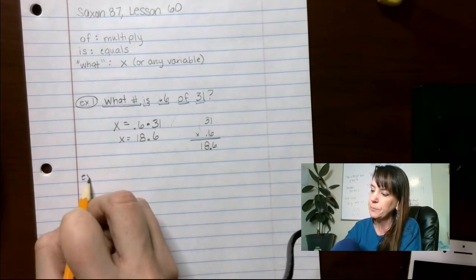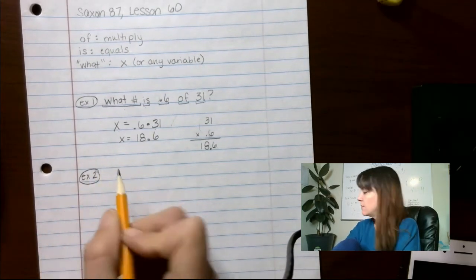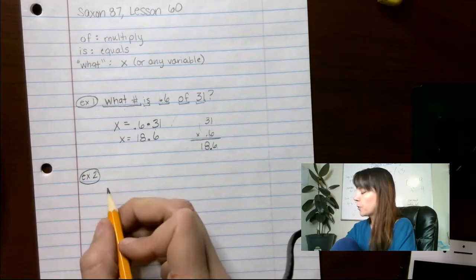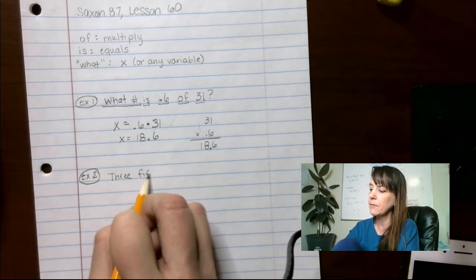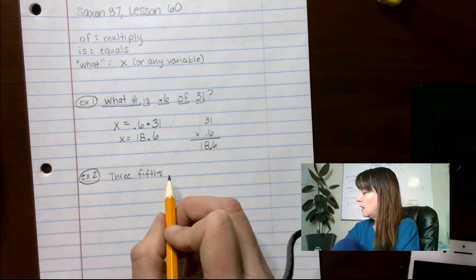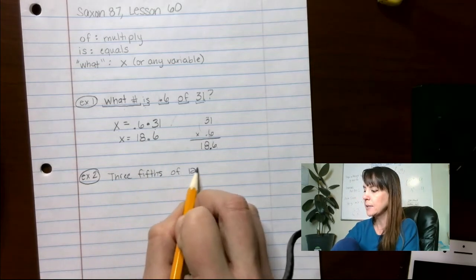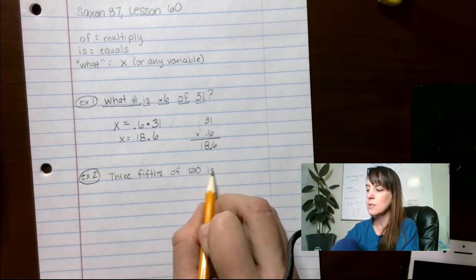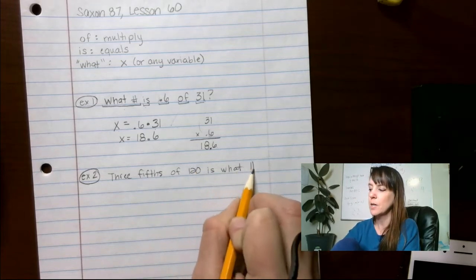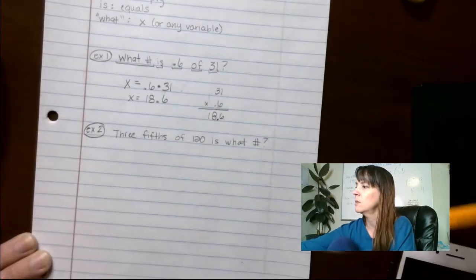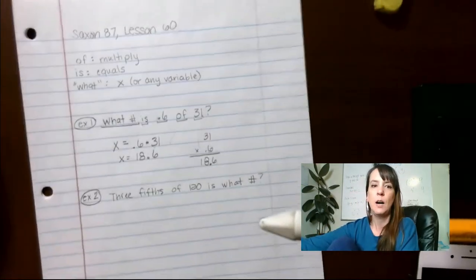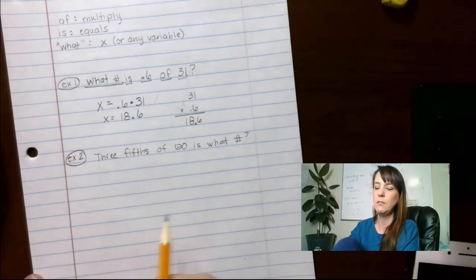Example number 2. We have 3/5 of 120 is what number? All right, again, we're going to translate. 3/5 of 120 is what number.